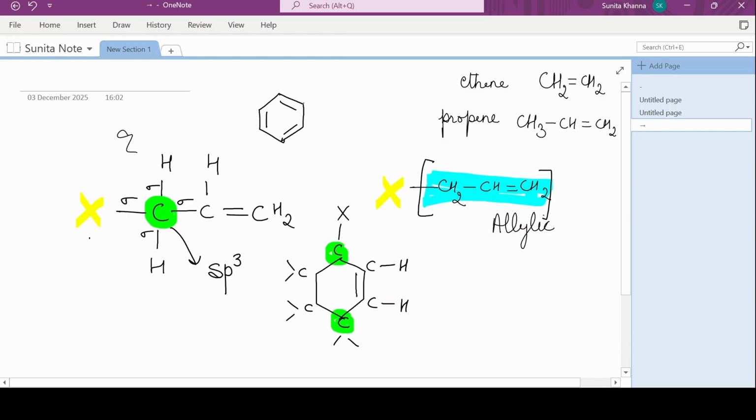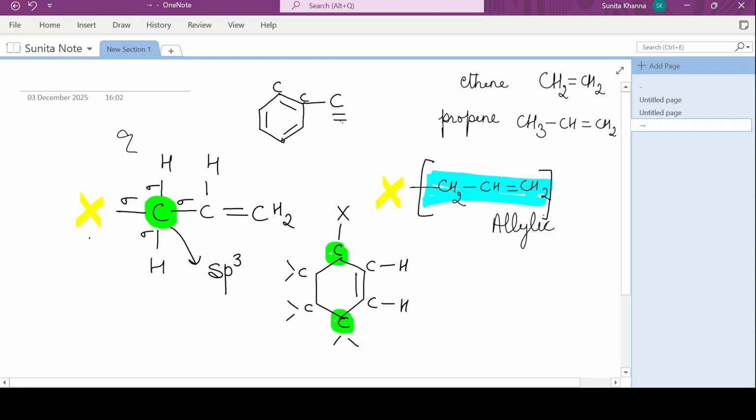Now, if one carbon is attached here, so this is a doubly bonded carbon atom. The carbon atom next to the doubly bonded carbon atom is the allylic carbon atom.